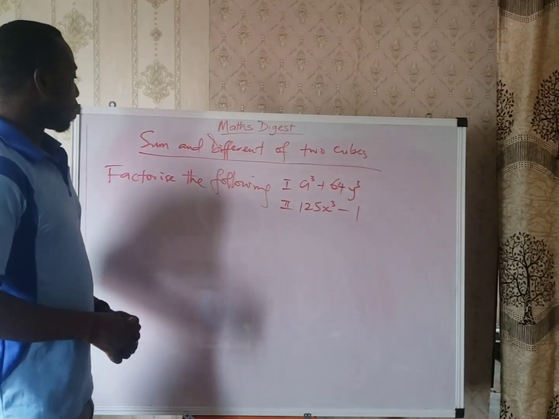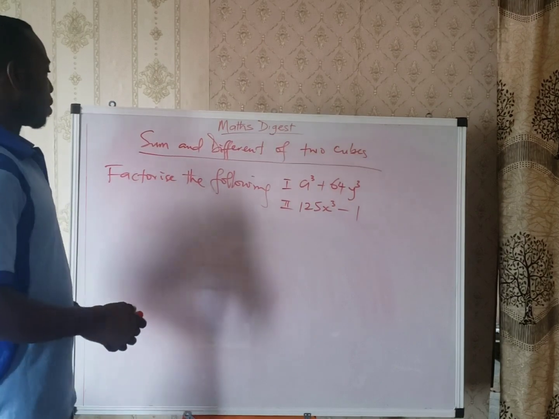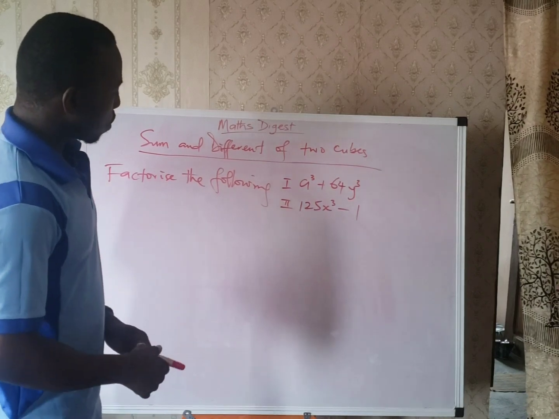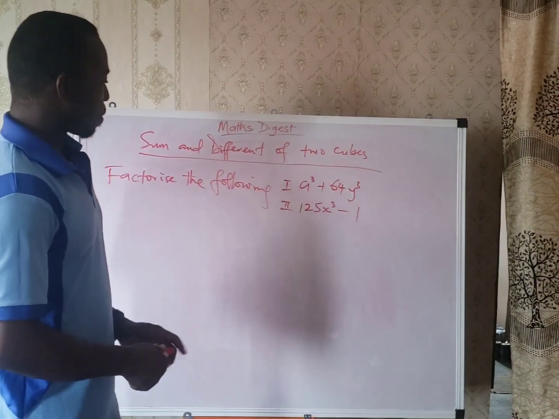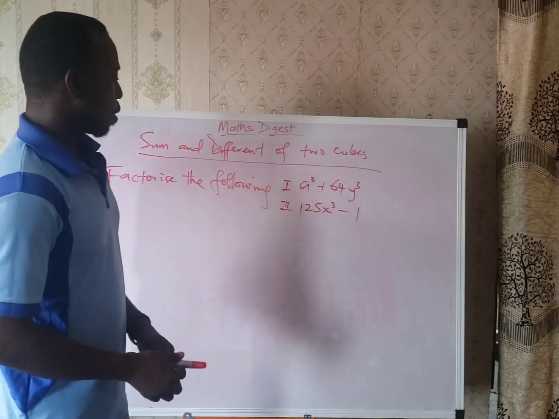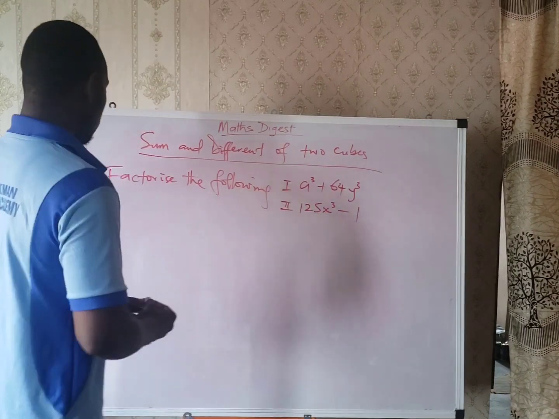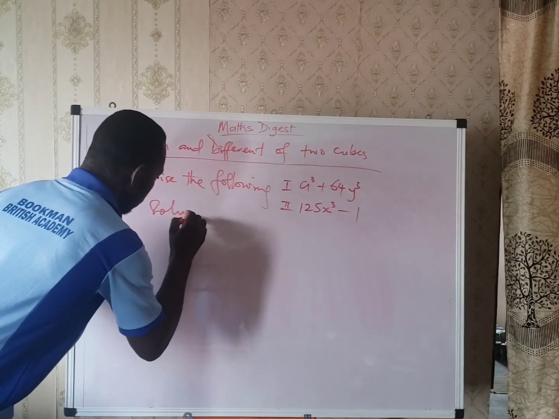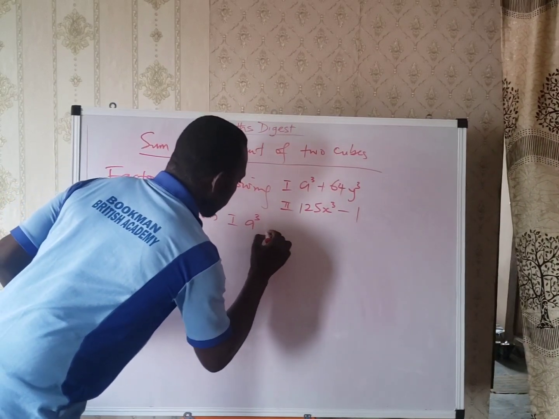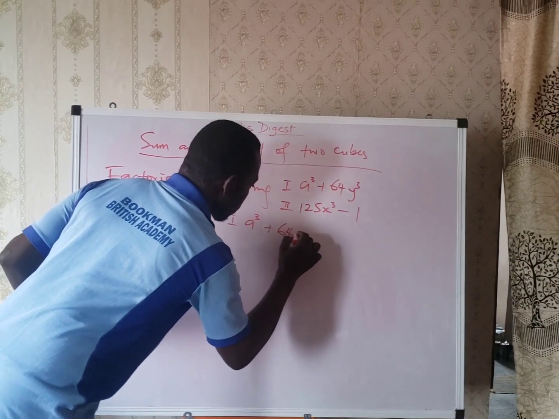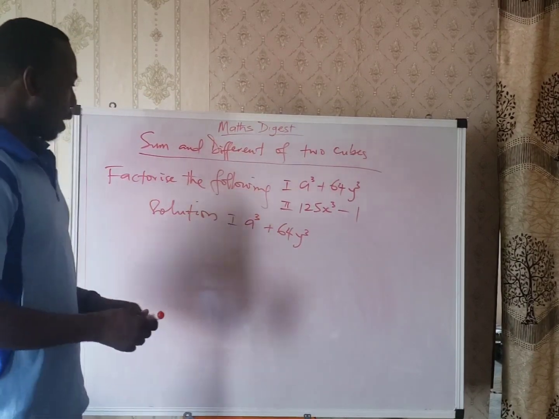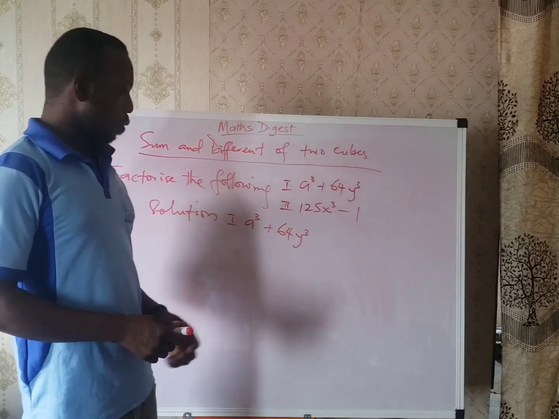These are the examples we can take for the sum and difference of two cubes. The first one is a cubed plus 64y cubed, that's raised to power 3. Now we can equally have 125x raised to power 3 minus 1. All right, the first one. For this, we have 64.